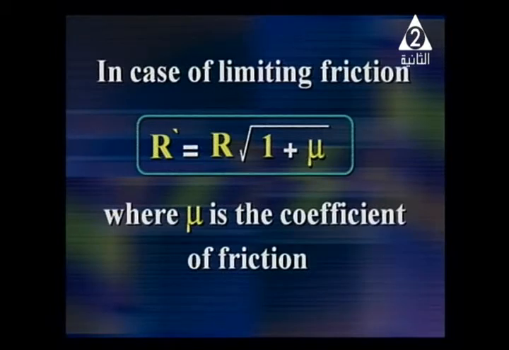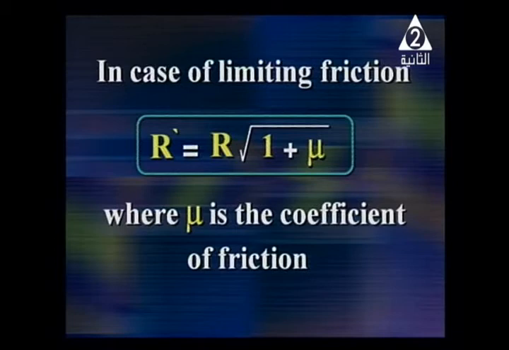What is the meaning of static coefficient of friction? Static, what do you mean? Before the body is about to move, static force appears. Any static force has a coefficient. The coefficient is called the coefficient of friction in a static body. But when the body is about to move or moves, the coefficient is called the kinetic coefficient of friction.